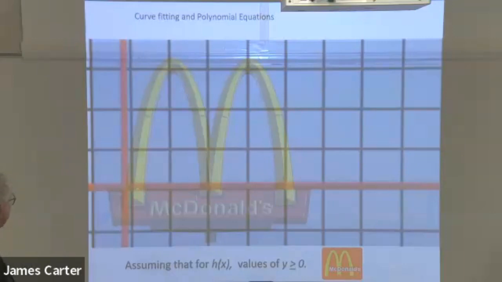So I've got 0 there, I've got 2 there, and I've got 4 there. We're going to discount this stuff that goes below the axis just for simplicity. Okay. Now, what does this mean that I'm going to have on this thing?